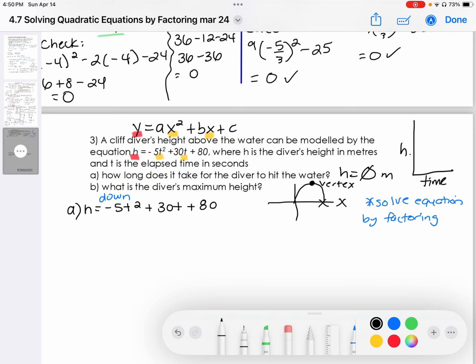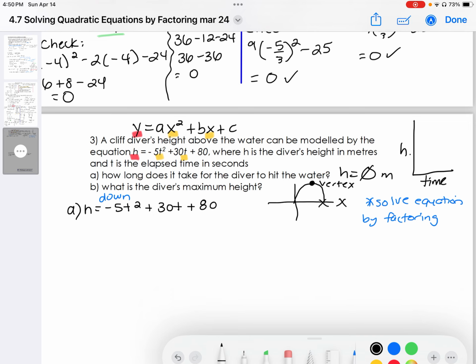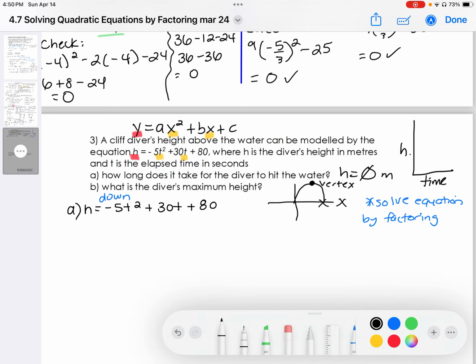So if you take a look at the numbers, 30 is divisible by 5, as well as 80. I guarantee that is going to be one of the first steps you have to do. We need to common factor the -5 when you're solving by factoring. Okay, and the equation is describing motion.